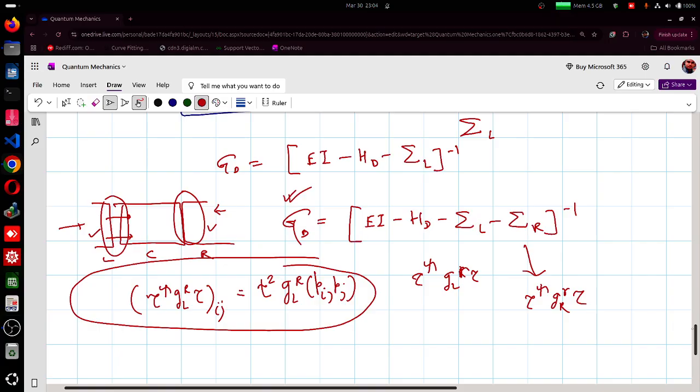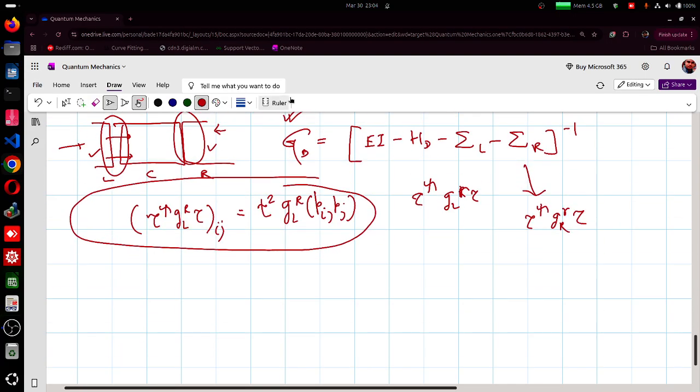Now what are the applications of this? Once you get this, you define the left broadening matrix, gamma L, which is defined as iota times (sigma L minus sigma L dagger).